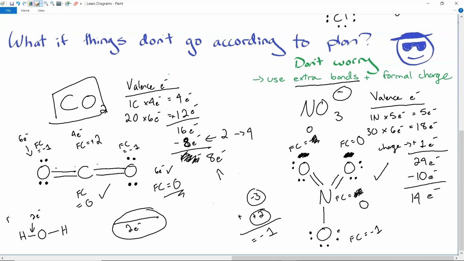But it has a formal charge of 0 because it came into this equation bringing 1 valence electron, and it's only sharing that 1 electron with oxygen. So that's the core difference that you need to understand between drawing the line representing your total number of valence electrons versus drawing the line and how it's going to affect the formal charge on an individual atom.